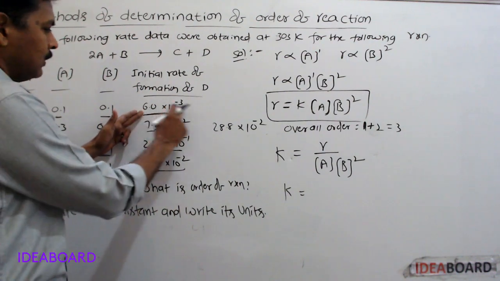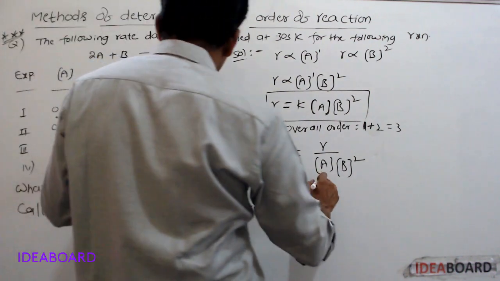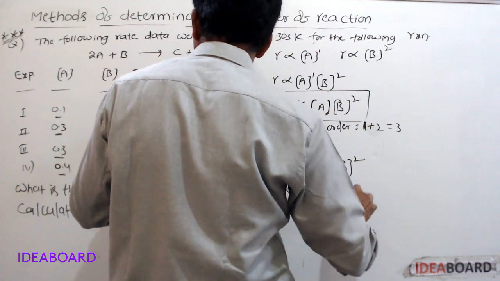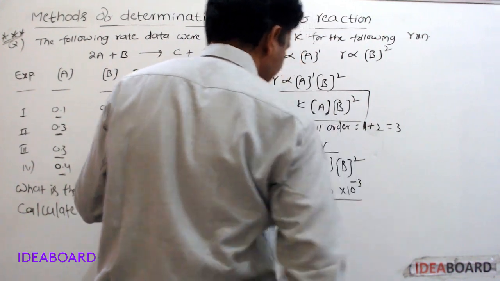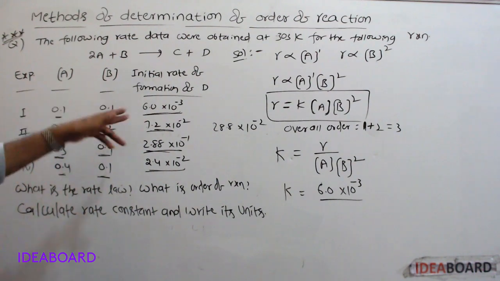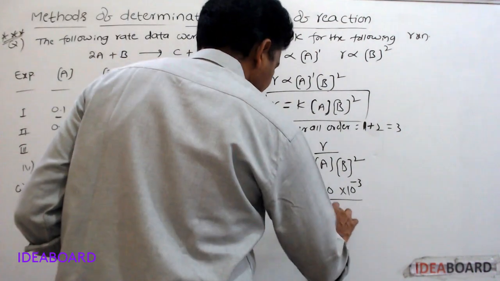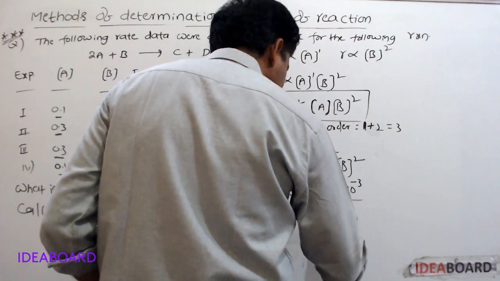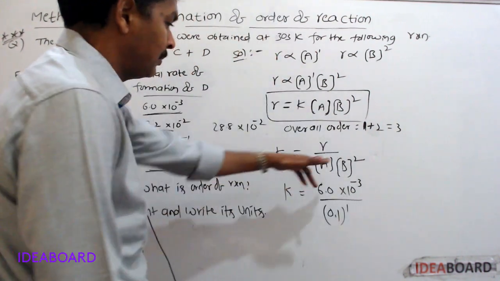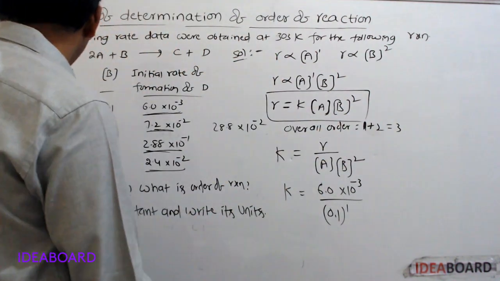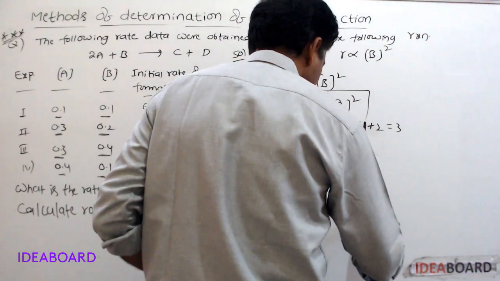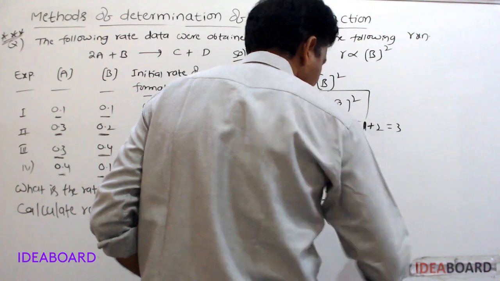I am taking this value. Rate of formation of D is 6 into 10 power minus 3 divided by A concentration 0.1 power 1 into B concentration square. B concentration is 0.1 only, 0.1 whole square.